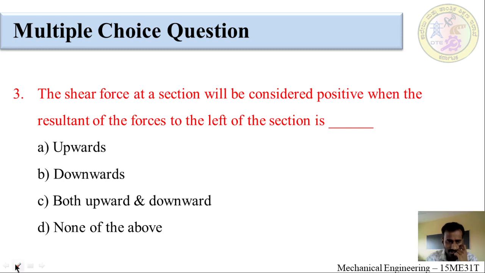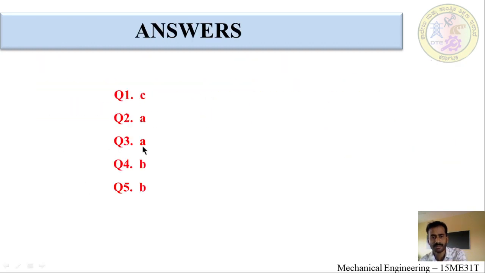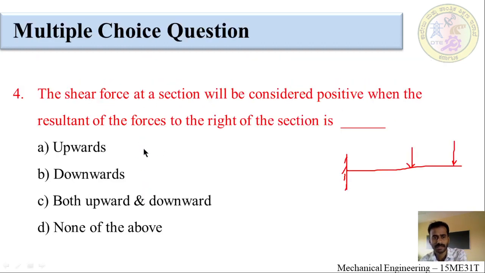If the forces are upward on the left of the section, and if the forces are downward on the right of the section, shear force will be positive. So, the correct answer for this third question is the upward force, option A.